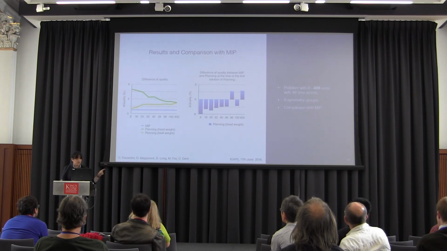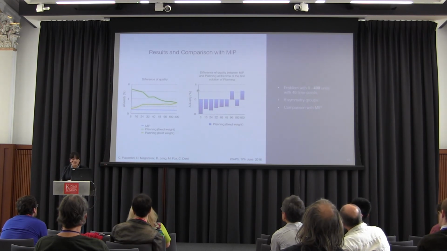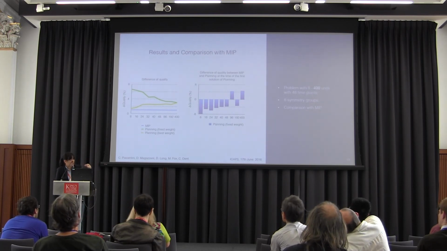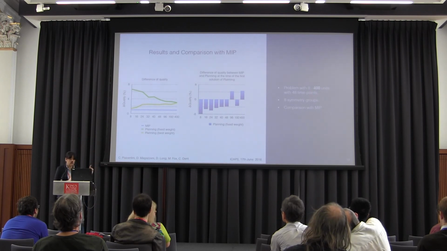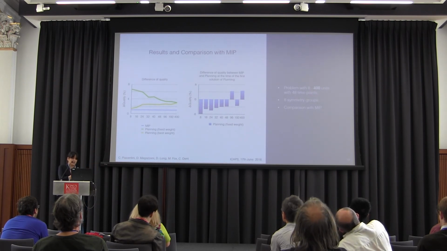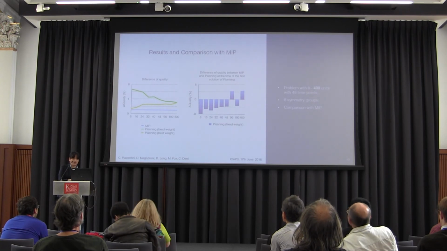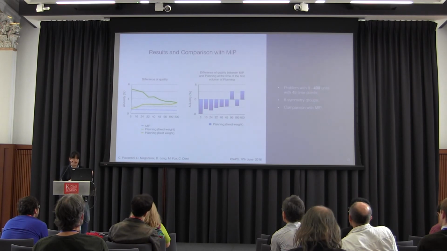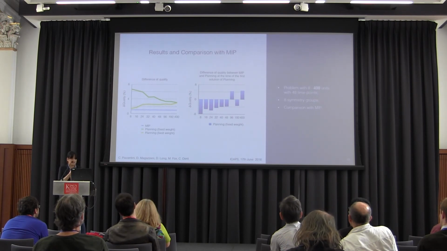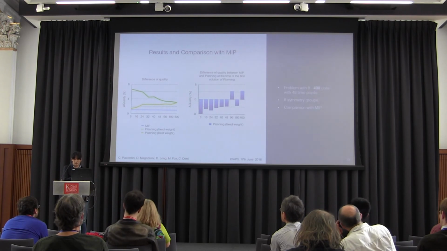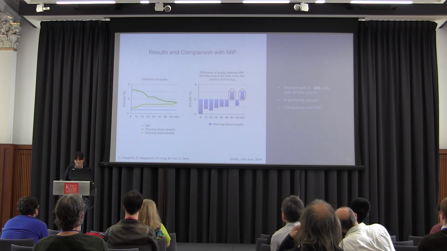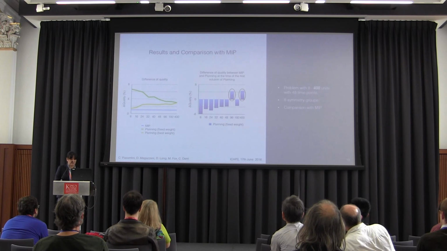On this plot, I show the difference in quality of the solution that we obtain at the first iteration of the planning, and the solution obtained with MIP at the same time at which the planning solution was found. And we can see that for these two problems, we are better than mixed integer programming.